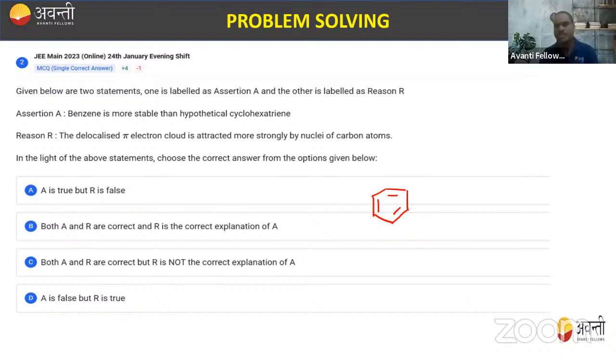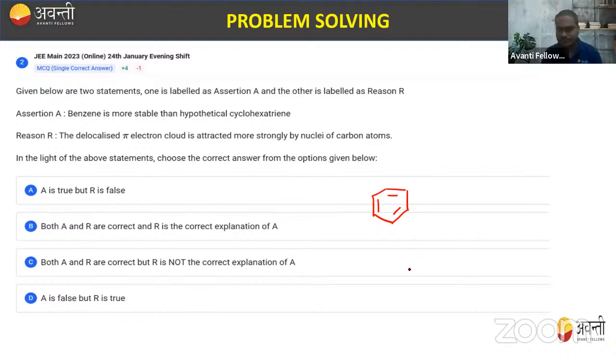In benzene, the delocalization of what happens? Of electrons, right? The delocalization of electrons leads to a more stable electronic configuration in benzene, as electrons are shared more evenly between all 6 carbon atoms in the ring. So we can say that the assertion is very much true.